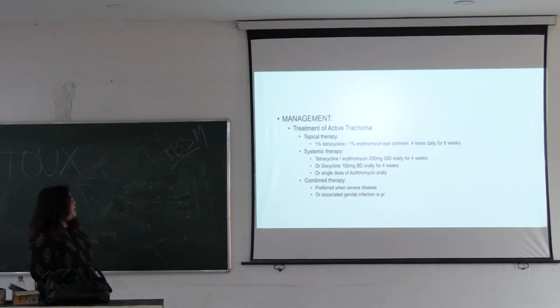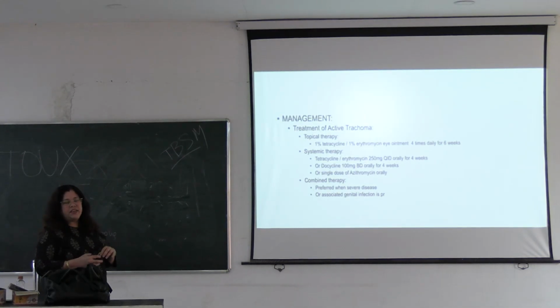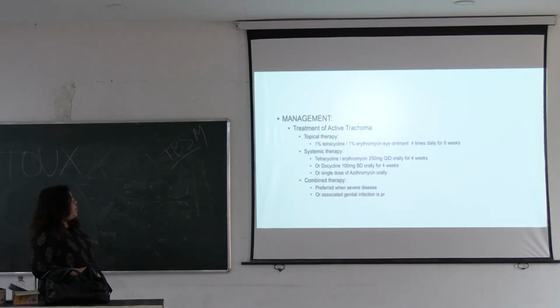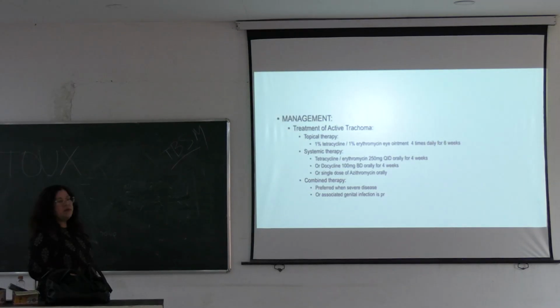Tetracycline or erythromycin is given in systemic form, 250 milligram QID orally for 4 weeks, and doxycycline is given 100 milligram BD for 4 weeks, and azithromycin is given as a single dose. If the trachomatous infection is mild, then only topical therapy is sufficient; if severe, then systemic; and if more than severe, then combined therapy is given.